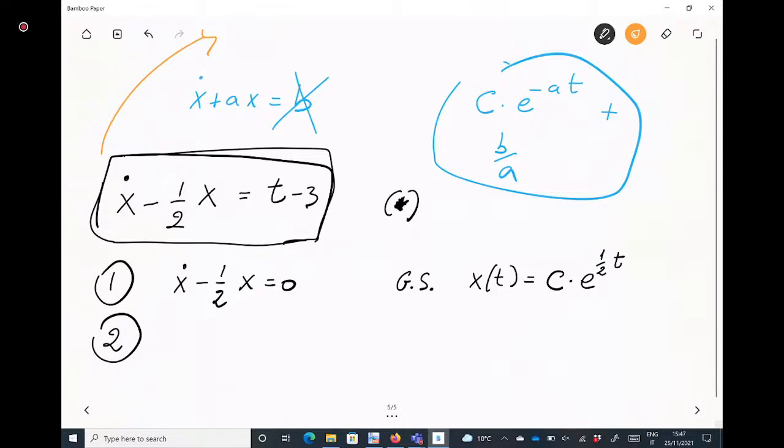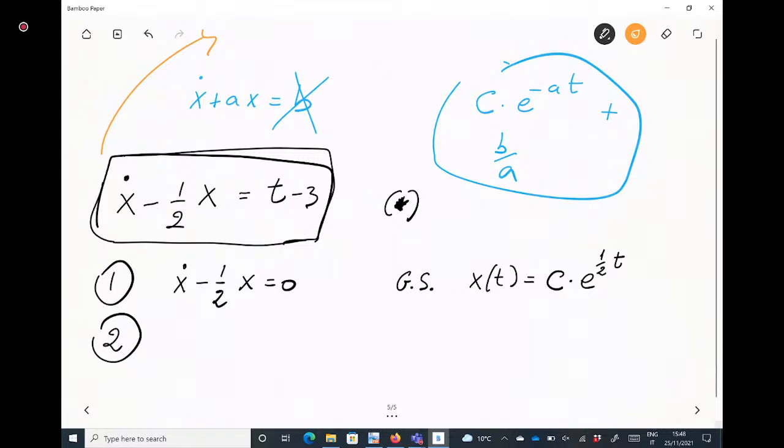So we wonder whether there are constant solutions to this equation. Constant solutions have the time derivative equal to 0, so that would be equal to 0. So there must be a constant x such that minus 1/2 x is equal to t minus 3. x cannot be constant, okay? If you solve for x, you get something that depends on t. There are no constant solutions here. So we have to find another type of solution.